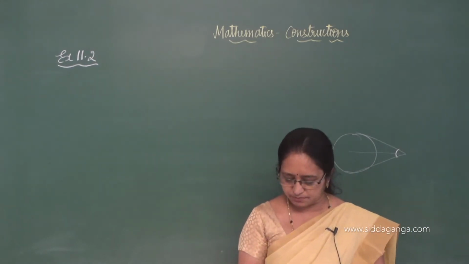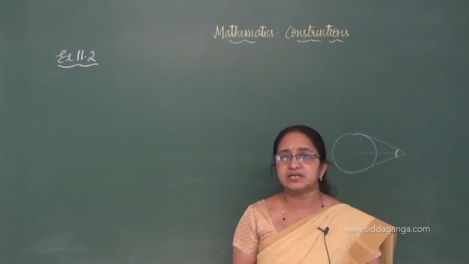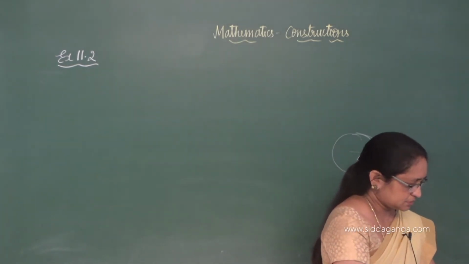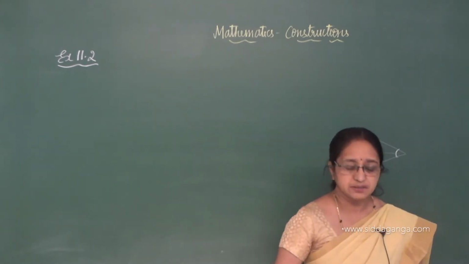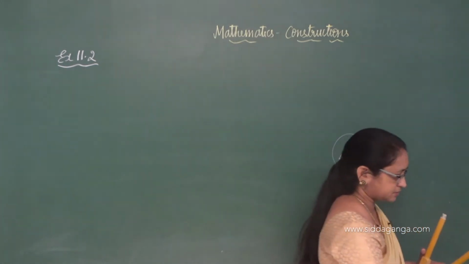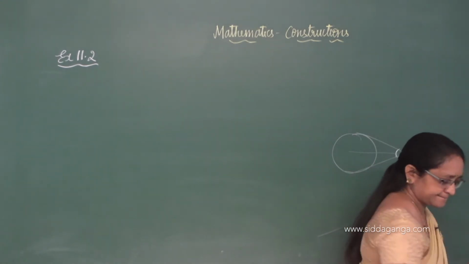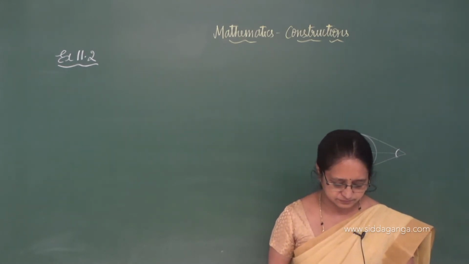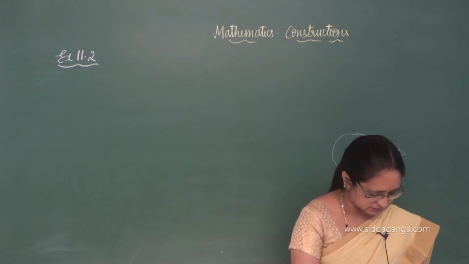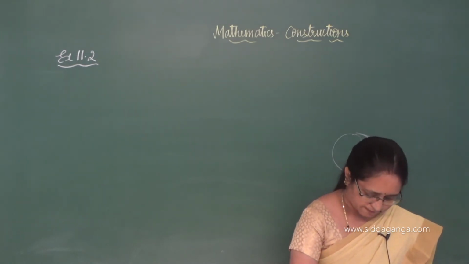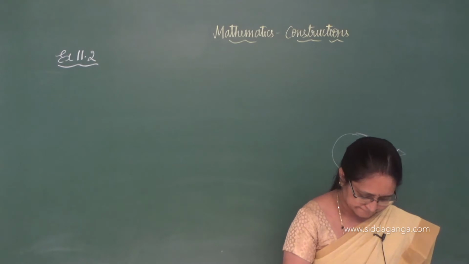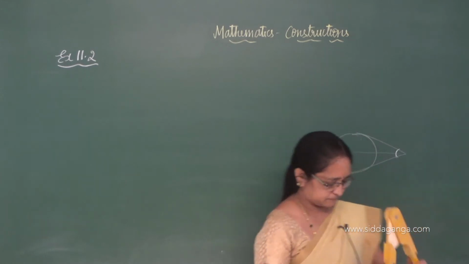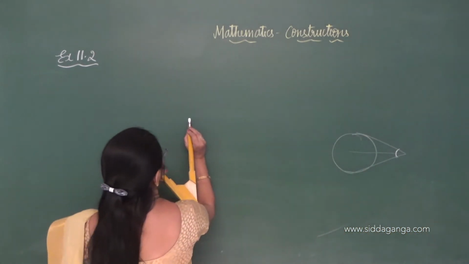You have to draw a pair of tangents to the circle of radius 5 centimeter. So at the beginning, we will draw the circle of radius 5 centimeter. Now I will mark the point here.